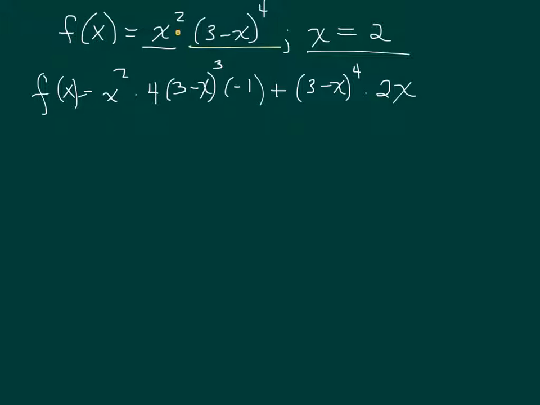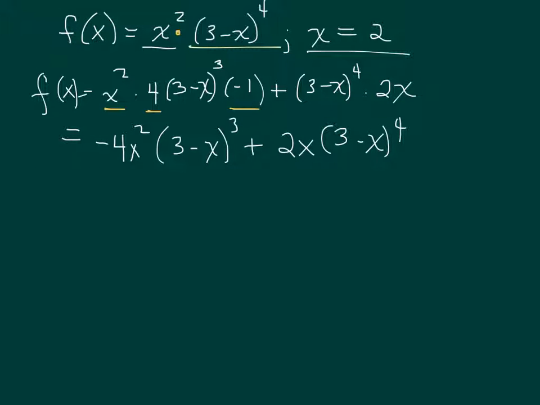And from here, it's just a bunch of weird algebra stuff, so I'm going to end up with a -4x squared and 3 minus x to the third power plus 2x and 3 minus x to the fourth power.